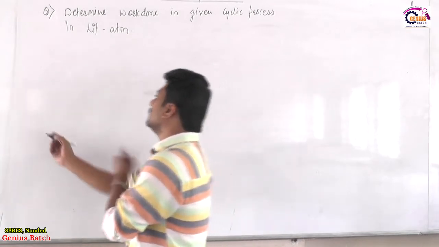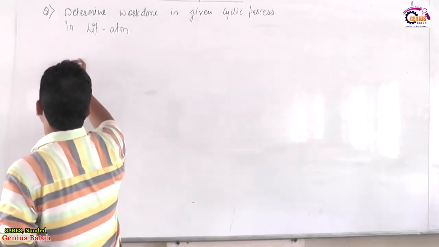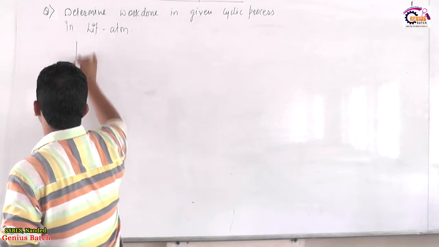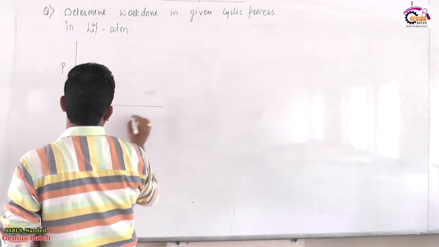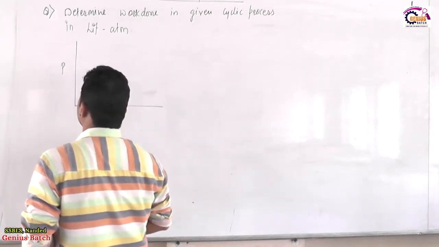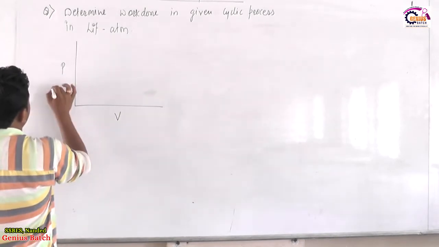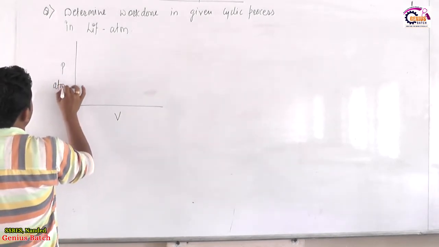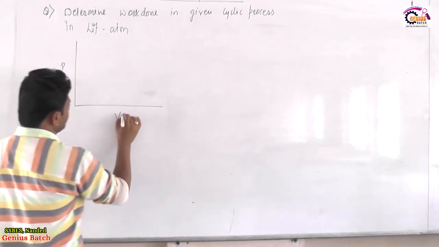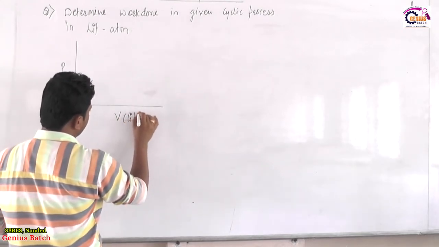The cyclic process is a plot between pressure versus volume. Pressure is measured in atmosphere and volume is measured in liters.